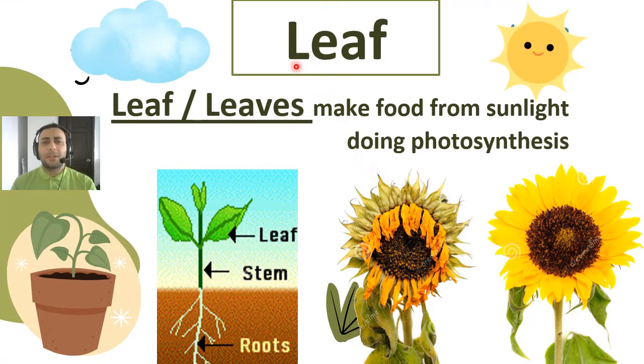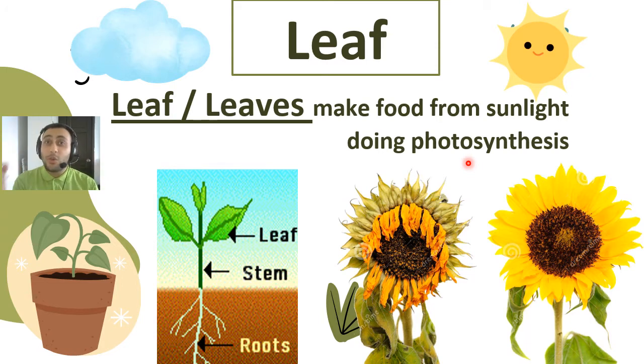Now let's talk about leaf or leaves. Now, leaf or leaves make food from sunlight. They do something called photosynthesis. Now, I will tell you about photosynthesis at the end of this lesson. But yeah, plants use their leaves to use the sunlight and do photosynthesis.